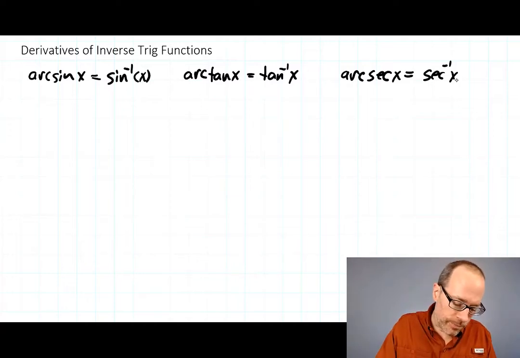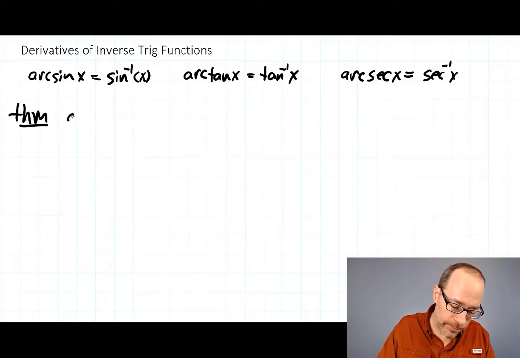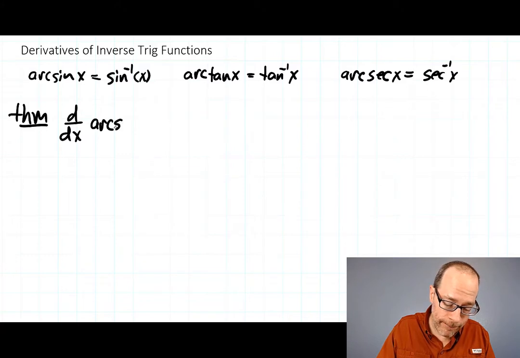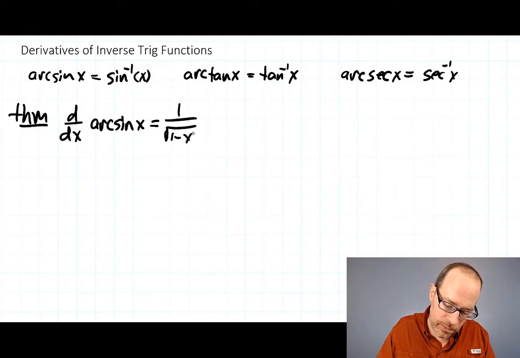Alright, so here's the theorem, the statement of what their derivatives look like. The derivative of the arc sine of x turns out to be 1 over the square root of 1 minus x squared.